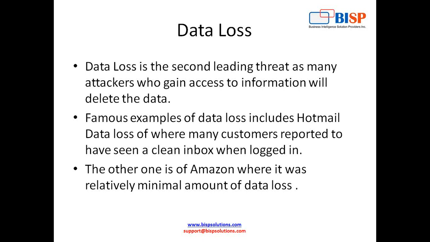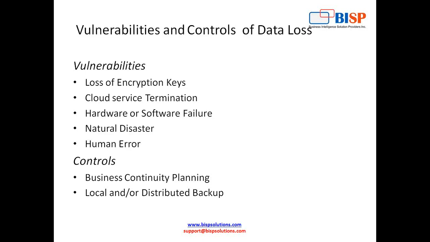The next one is a natural disaster, such as floods, hurricanes and earthquakes. If the data center is in a zone which is prone to these natural disasters, and there are no sufficient backups in other places, then data is completely lost. That's why many companies provide backups in different places where there are a minimum number of natural disasters.